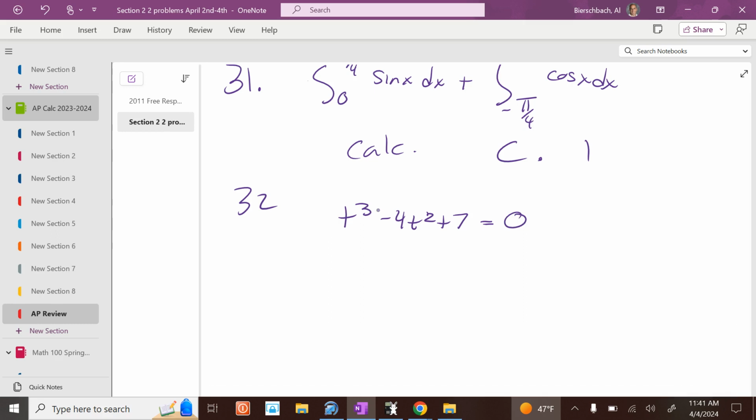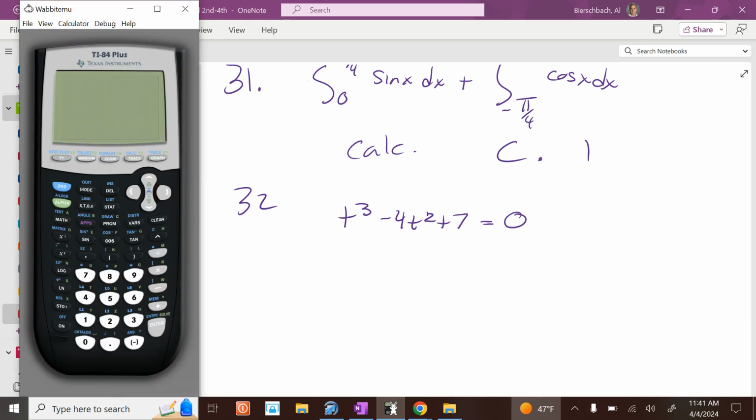Now it's a cubic equation, so on y equals, clear down, clear.